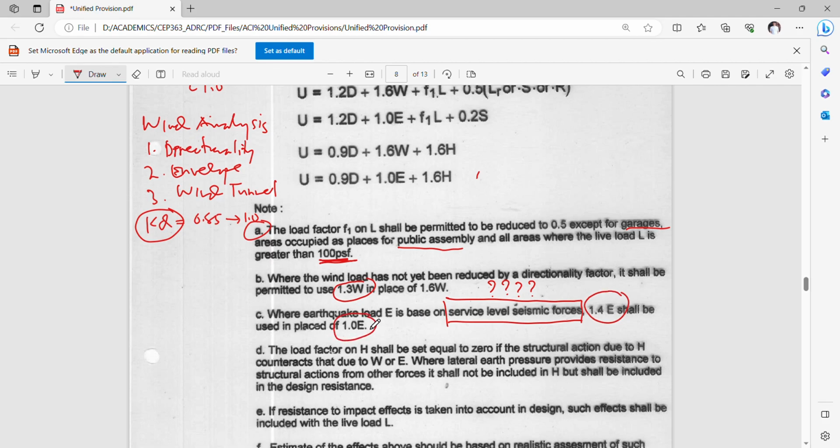Okay, and for the load number 3, the load factor on H shall be set equal to 0 if the structural action due to H counteracts that due to W or E, or where the lateral earth pressure provides resistance to structural action from other forces, it should not be included in H but should be included in the design resistance. So this has something to do with your earth pressure.